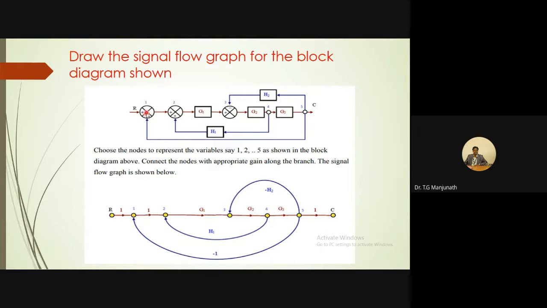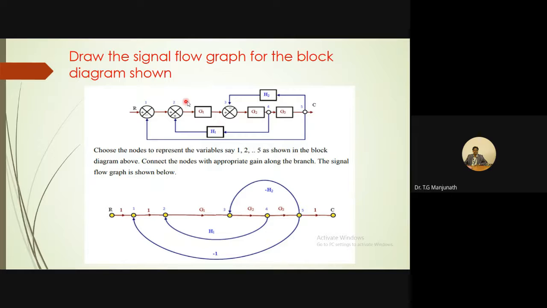Then from node 1 to node 2, this is one summing point and this is the other summing point. Make the connection, and again, this is a line, so write 1. The gain on a line or a wire is equal to 1. This is the branch gain between node 1 and 2.